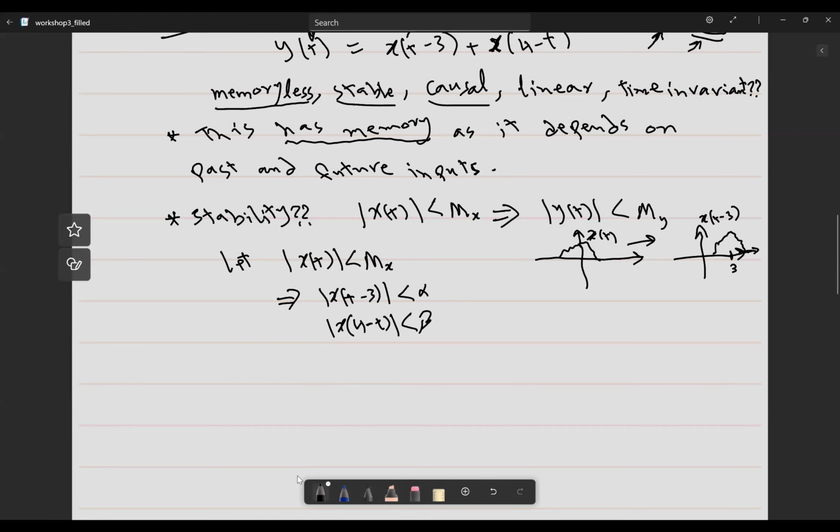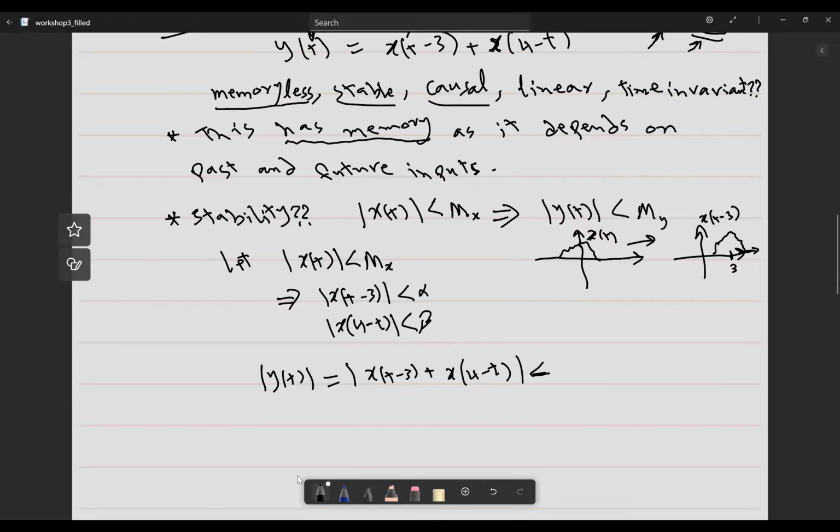So we need to check if y(t) is bounded, and y(t) is x(t minus 3) plus x(4 minus t).